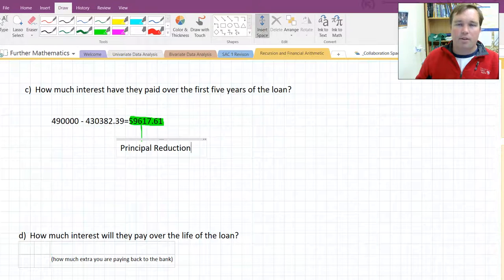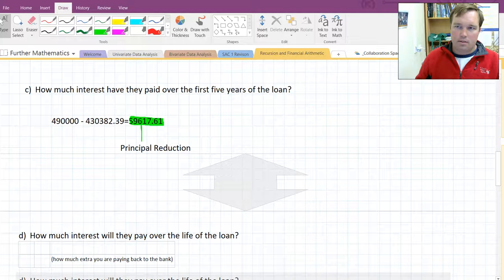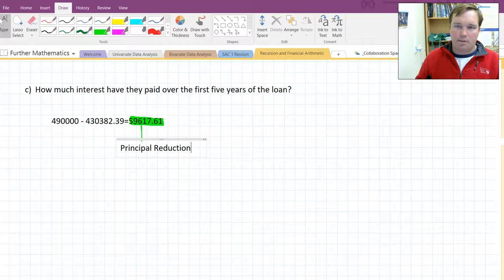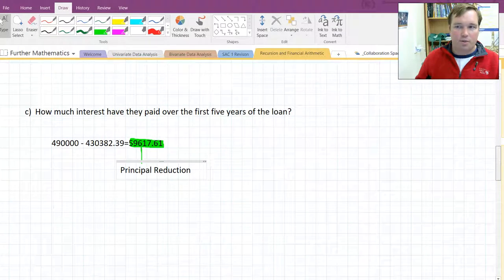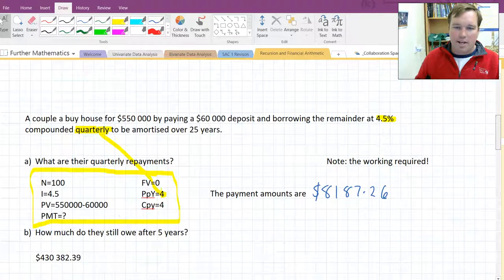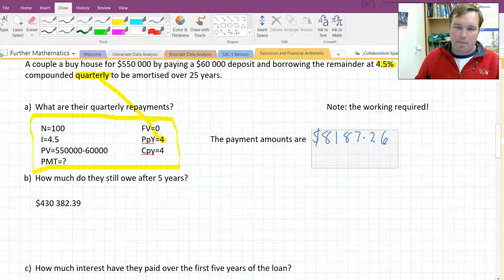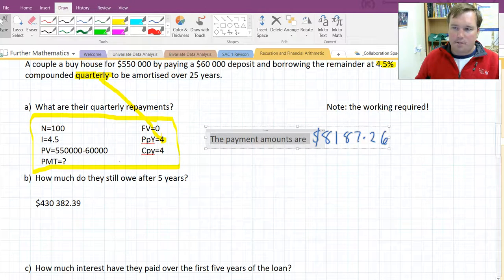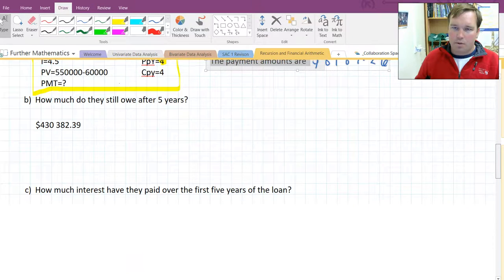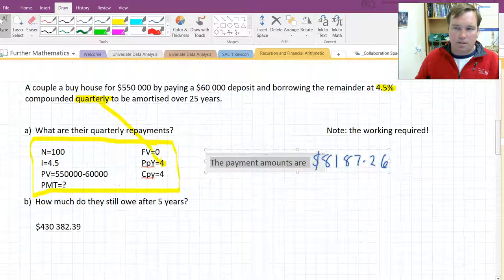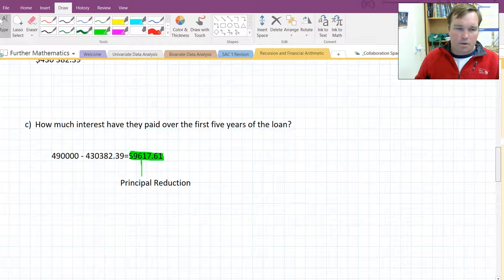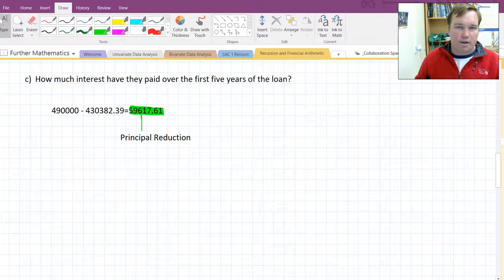All right, now let's figure out how much they've actually paid into their loan. I apologize, my computer is seizing something chronically. All right, each quarter, they paid that amount, 8,187.26. And they've done this over 5 years 20 times.